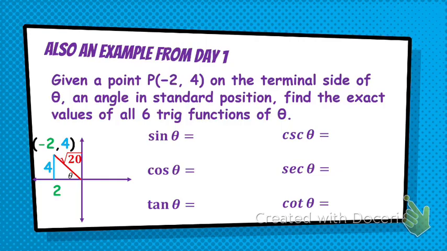We also had one like this, where this triangle is already filled out with all the information on it. We found this information earlier and wrote sine, cosine, and tangent. Looking at this, sine of theta would just be 4 over square root of 20. Cosine would be adjacent, so 2 over square root of 20. Tangent would be opposite over adjacent, so 4 over 2, which is just 2.